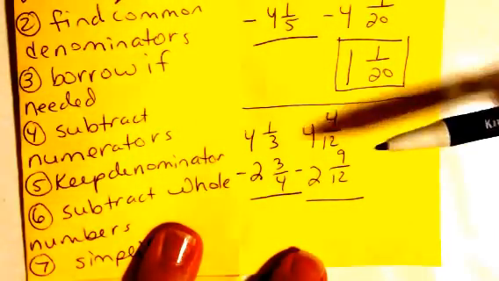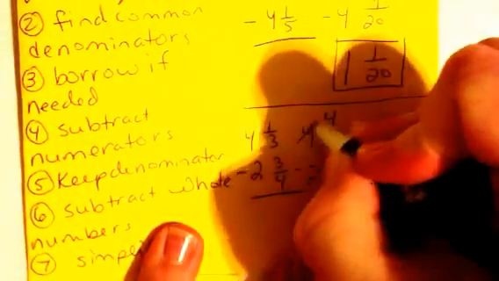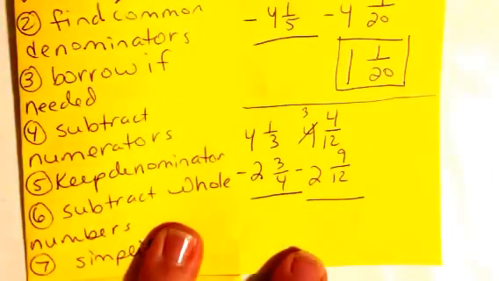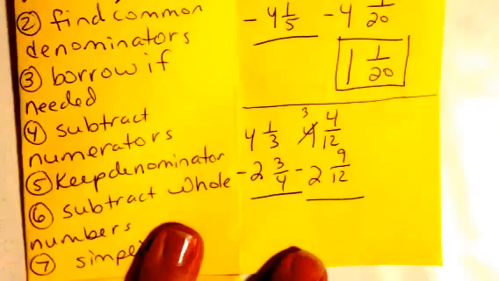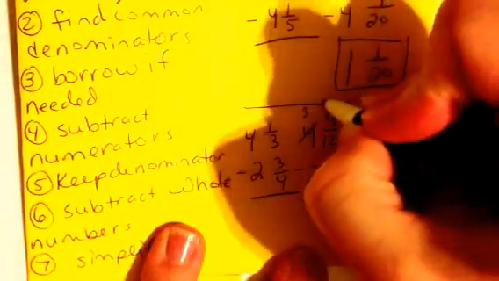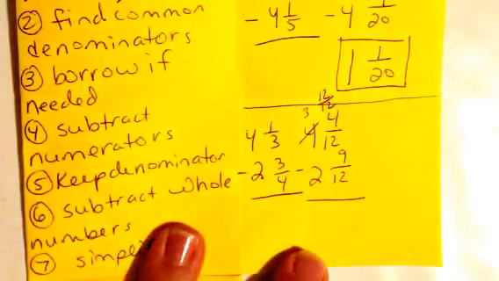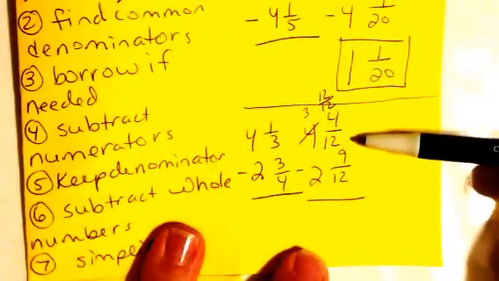I'm going to borrow from this 4 and change it into a 3. Well, what I'm borrowing the 3 as is a fraction that I can use, which is going to be 12. So a whole 1 is 12 over 12. So I'm borrowing the fraction 12 over 12 to add to this 4/12.